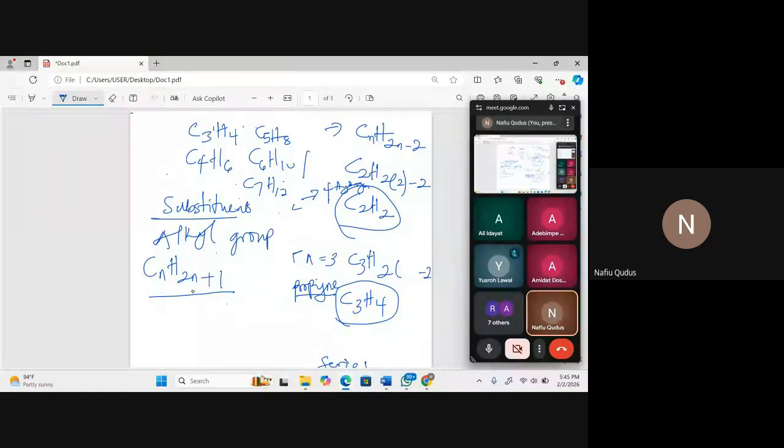Now, when we are defining the substituent, we said they are chemical species with an unpaired electron. Why do we call them substituent? It is because they cannot stand on their own, like those of alkane, alkene, alkyne.